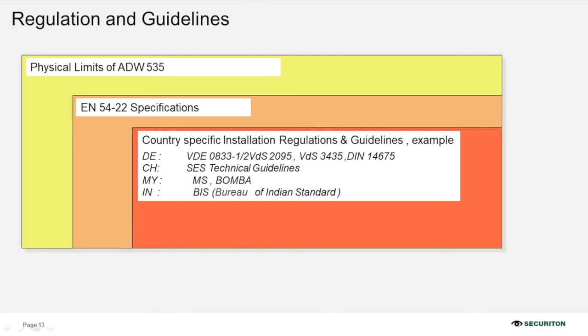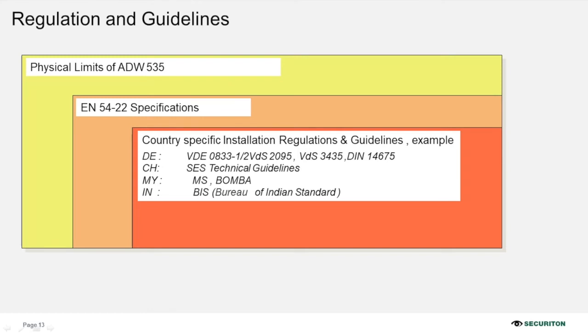It might be different from country to country. So you also have to take the physical limits, look at what EN 54-22 has to say, because we are certified under EN 54-22, and look at the codes and standards available in each country to find the best solution.